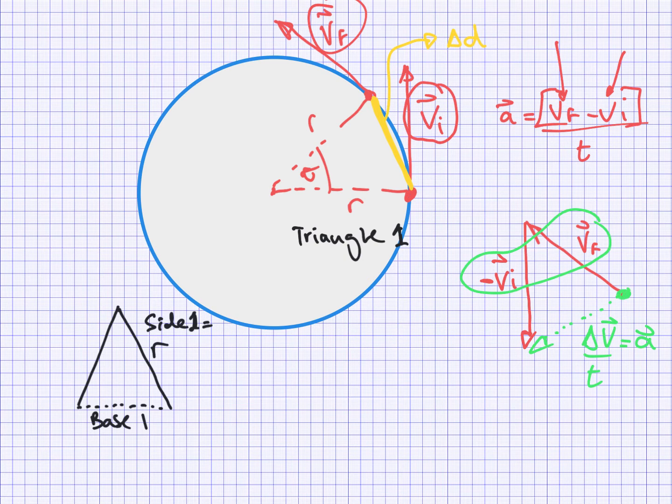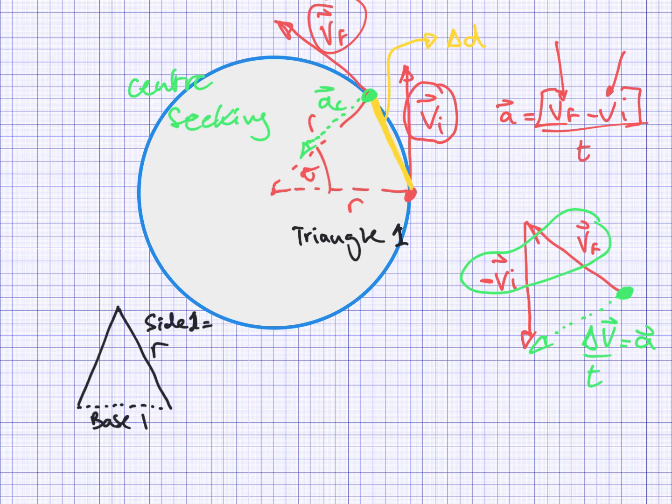And if I come back to this origin point, which is the tail of the Vf, that would be here, the direction of this acceleration is, surprise, surprise, it's to the middle. So I'm going to call that acceleration centripetal, and it's pointing towards the middle. It's center seeking. I'm going to write that on there. Center seeking.